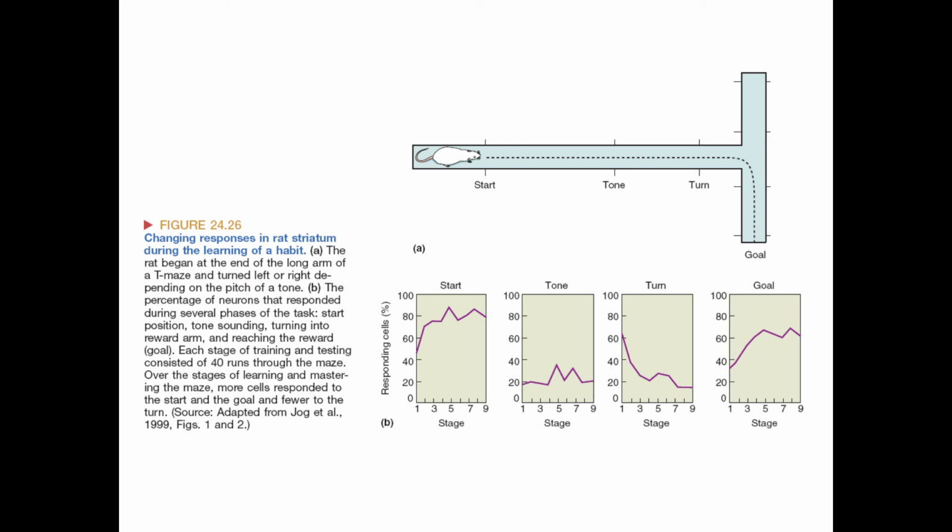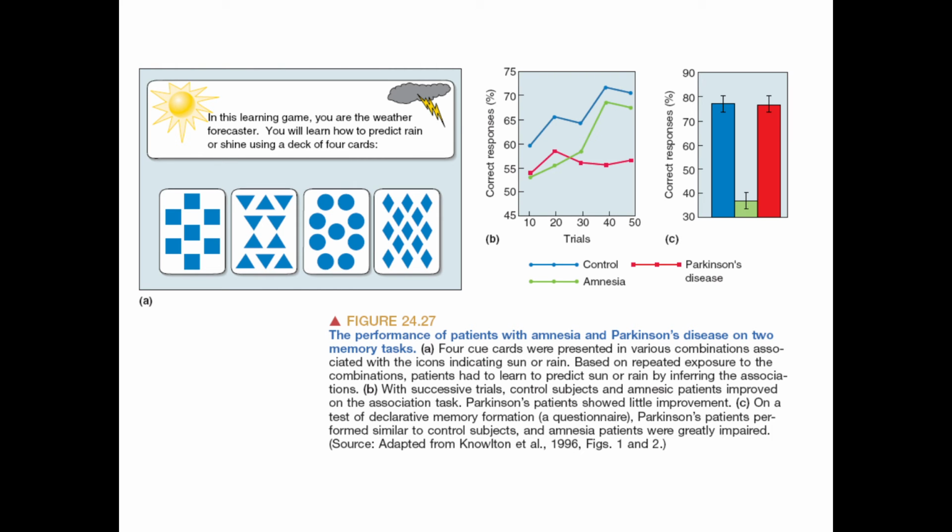And they show here the relation between the response of these striatum cells in some memory task. The same happens here, but this is with human patients. In this case you have two profiles, some patients with amnesia and some patients with Parkinson's disease.